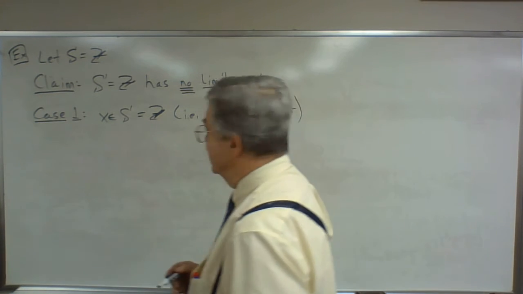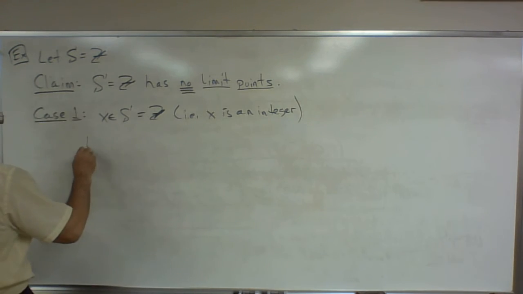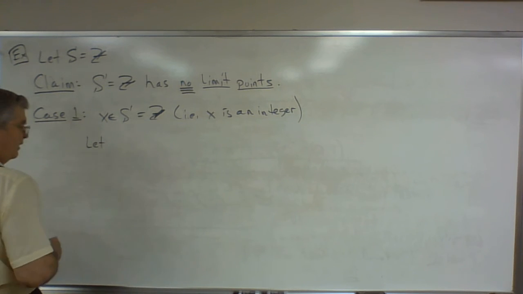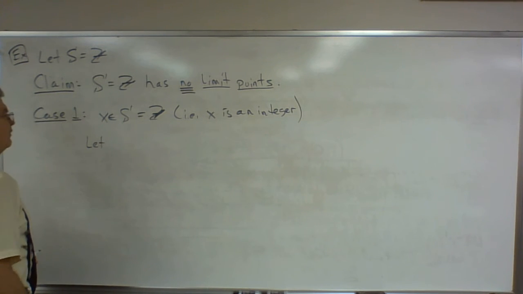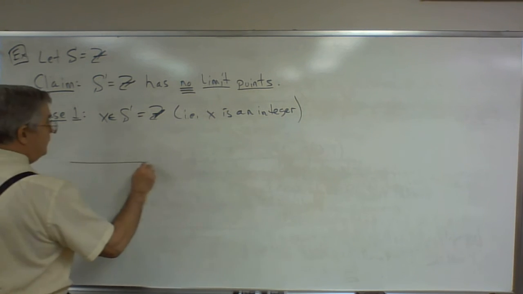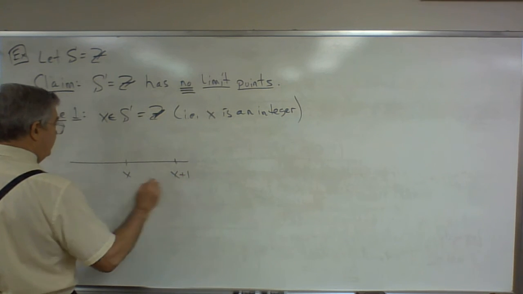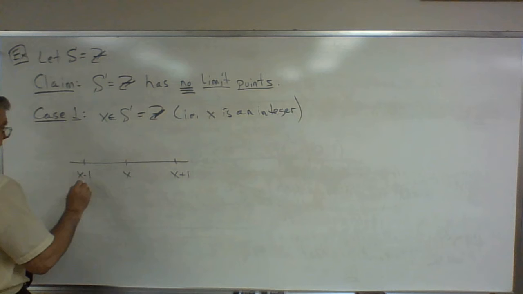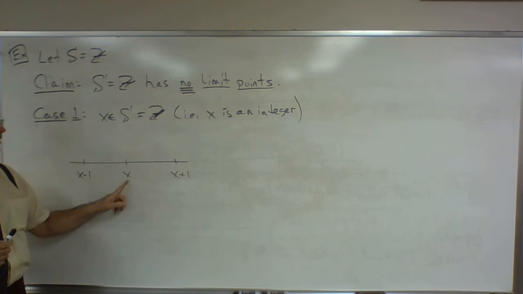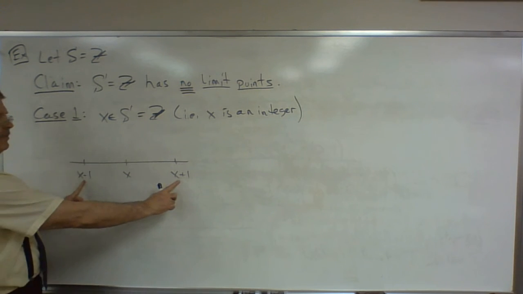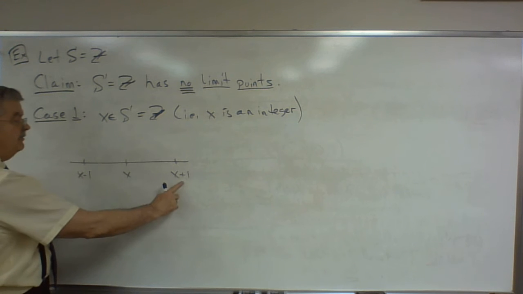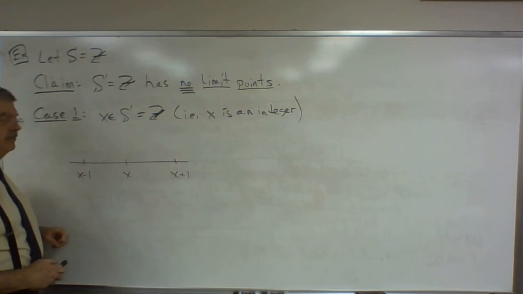And here's how we do it. Instead of just writing out the proof, let me just draw a picture. Here's the integer x that we picked on the real number line. And here are the two closest integers to x, x plus 1 and x minus 1.